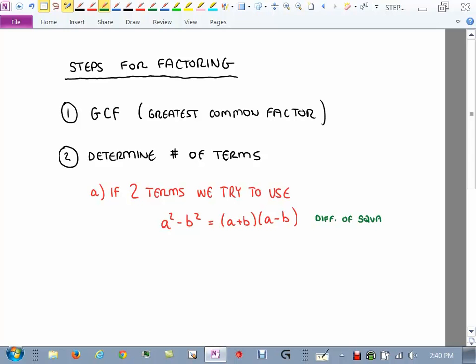Weren't there a few other formulas that were kind of like difference of squares? Difference of cubes was another one. That formula wasn't quite as easy to remember as difference of squares. But I will allow you to have a cheat sheet on all your tests, like a formula sheet. So you will be able to have these formulas written down.